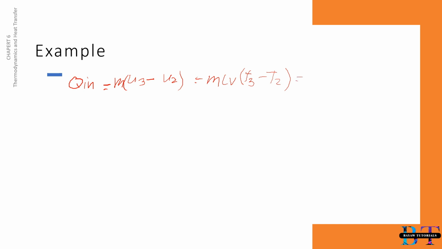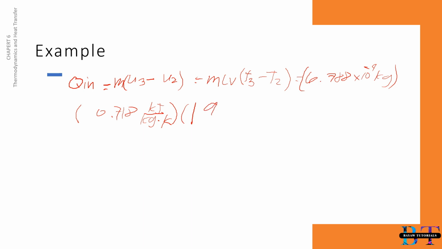So that is equal to our mass, 6.788 times 10 raised to the power of -4 kilogram, times 0.718 kilojoules per kilogram times Kelvin, times temperature 3, that is 1969, minus temperature 2, that is 757.9 Kelvin, that is equal to 0.590 kilojoules.